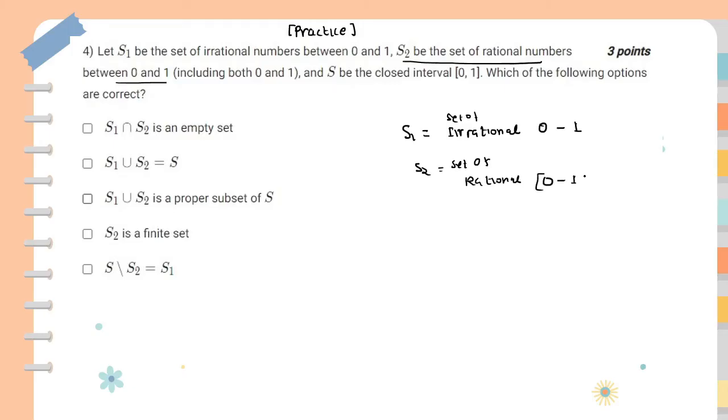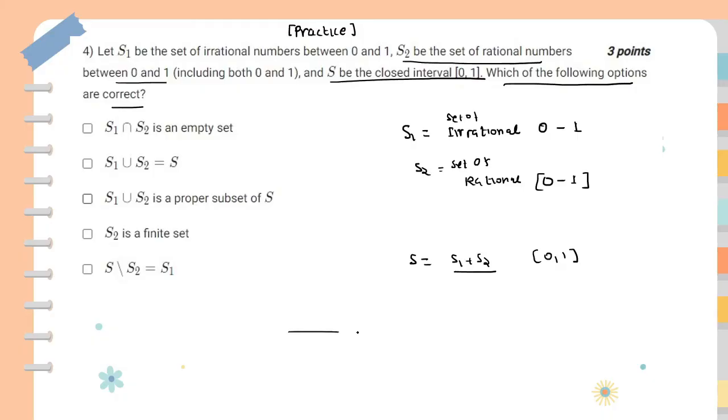Okay, so 0 and 1 are included here, and S be the closed interval 0 to 1. So S will be equal to S1 plus S2, because the set of rational and irrational numbers from 0 to 1 will give S. Okay, so which of the following options are correct?